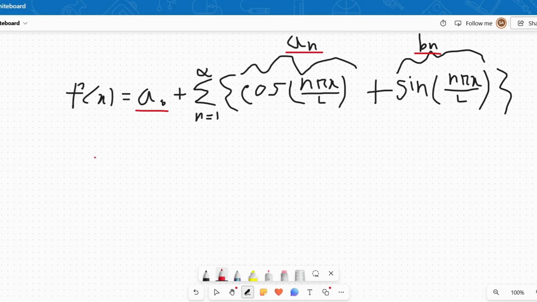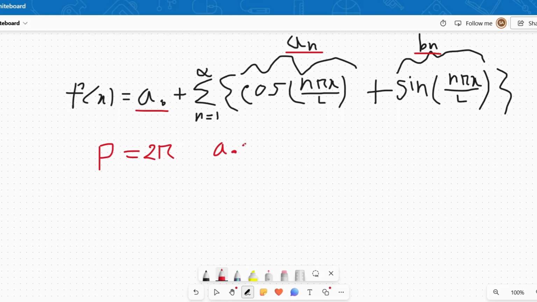Before learning the formula, we have to learn what is period. Period is a must. We must remember that the period is equal to 2 pi. Now let's learn what is A naught.